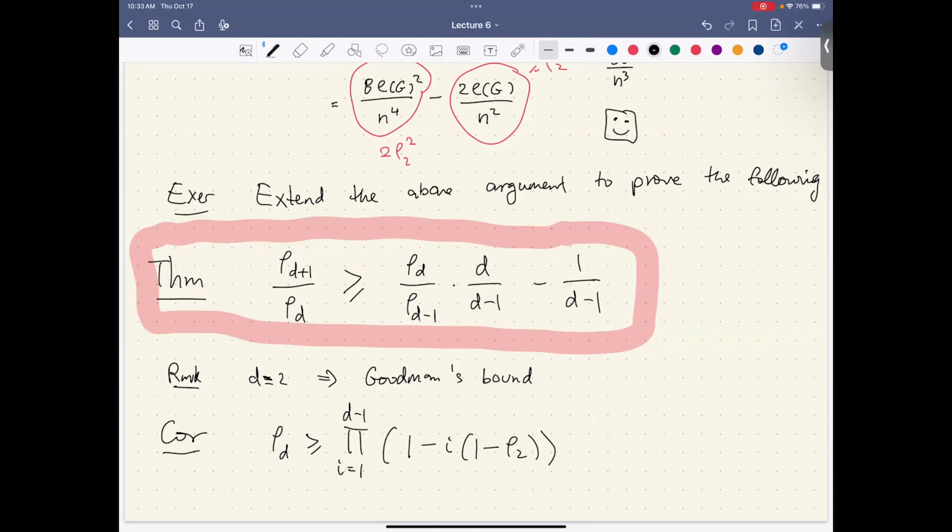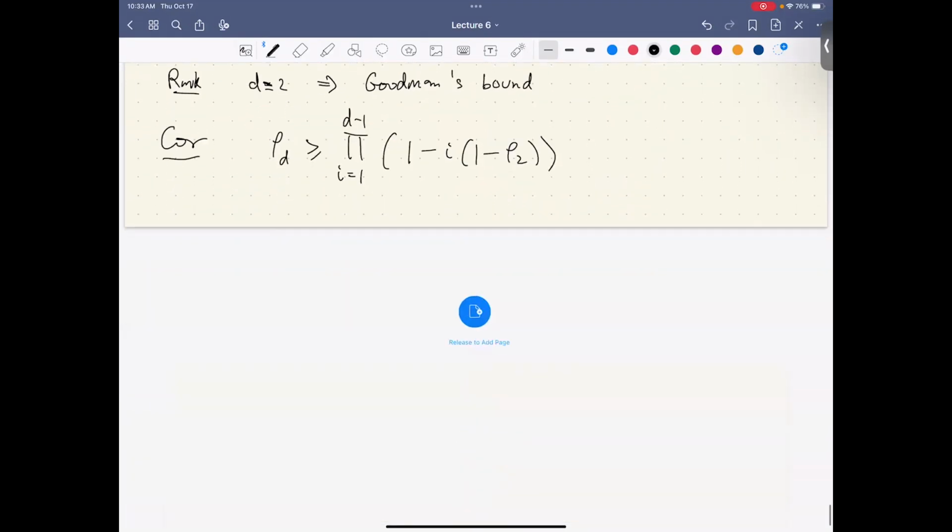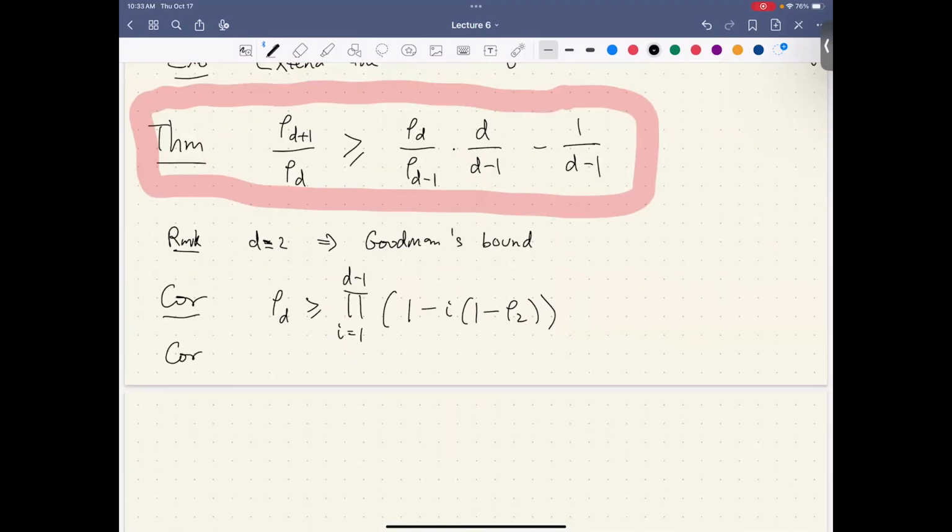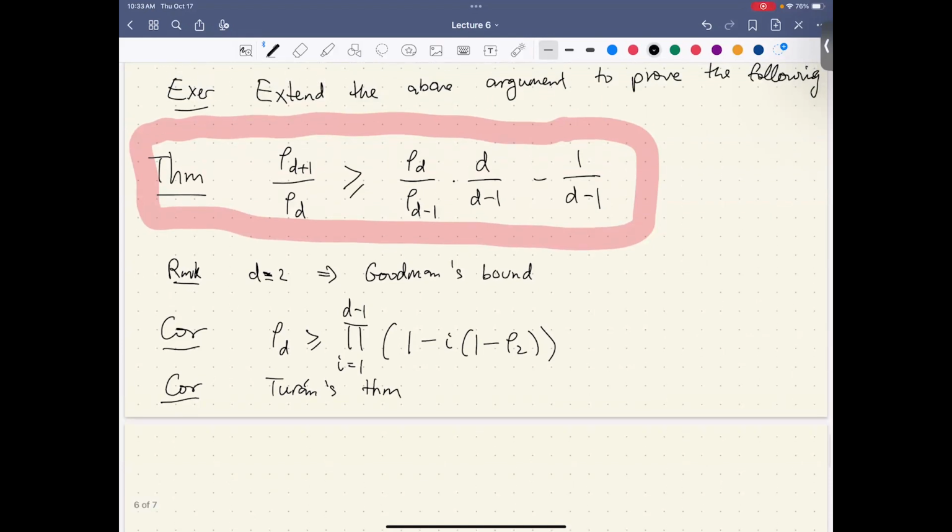Another corollary is we prove Mantel's theorem, right? This theorem is enough to derive Turán's theorem. So all these I will leave as exercise. Exercise, exercise, exercise. Simple ones. Any question?